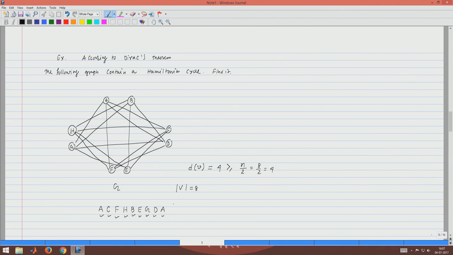So, this is the Hamiltonian cycle for the graph given here.